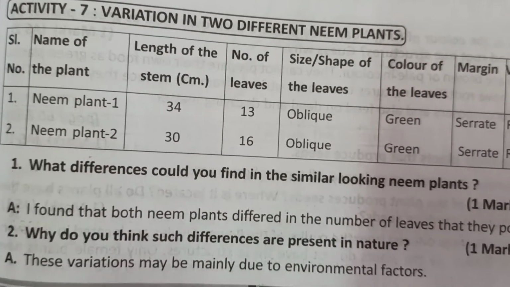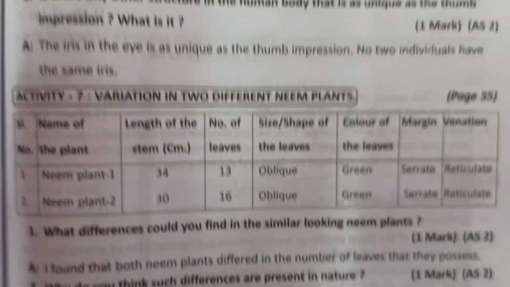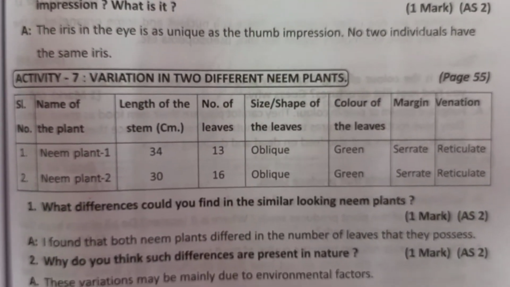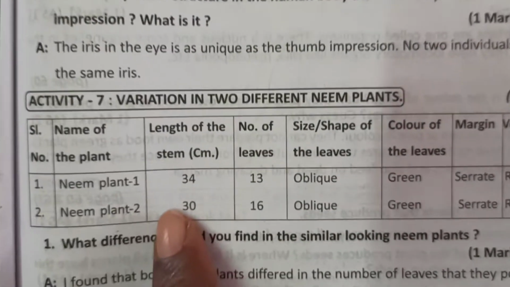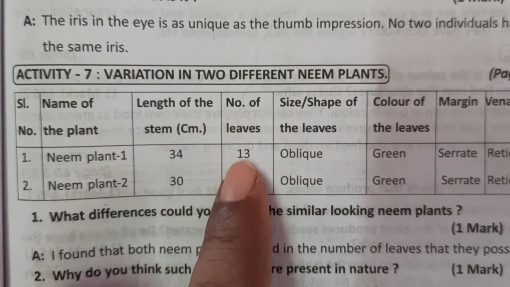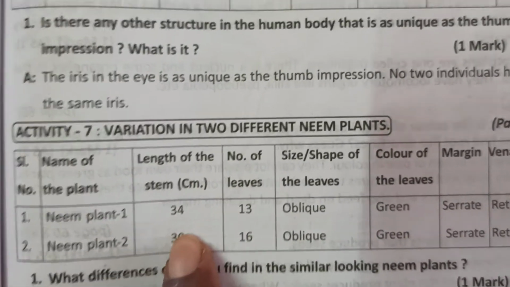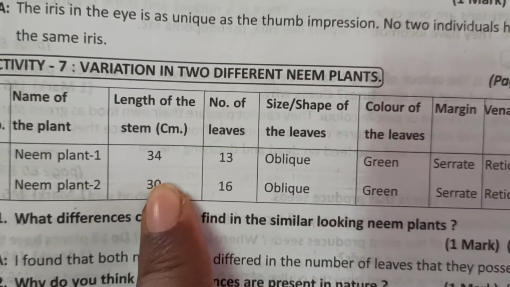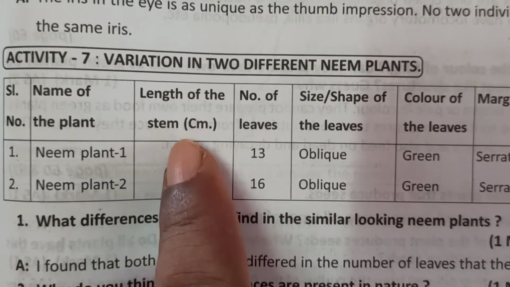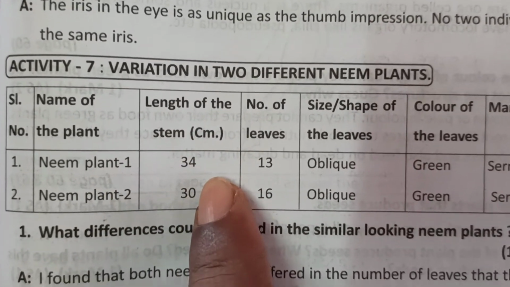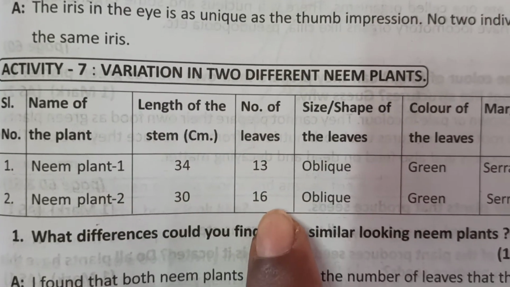For this activity we are going to select a small baby plant, not a big tree. If we select a big tree, it is a big problem to count the leaves as well as measure the length of the stem. So we take small baby plants of neem plant 1 and 2. It makes it easy to find the length of the stem and count the number of leaves.